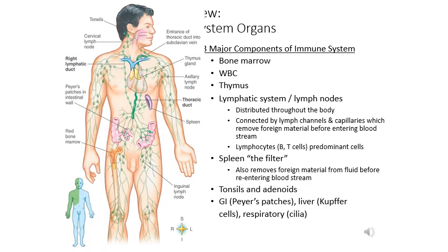So besides the bone marrow and the white blood cells, the third major component of the immune system is our lymphoid tissue and the lymphatic system. So we know that we have lymph nodes that are distributed throughout the body. They connect the lymph channels, and their job is to remove foreign material before entering the bloodstream.